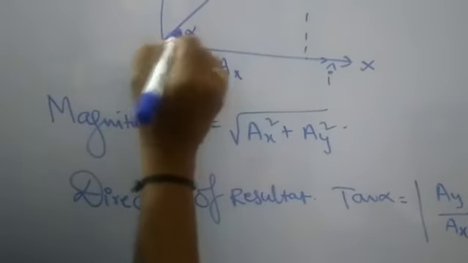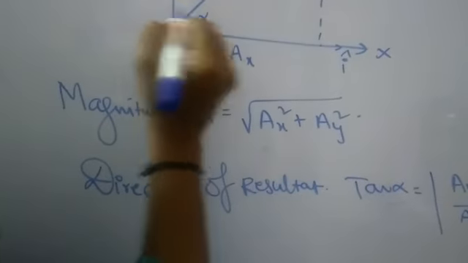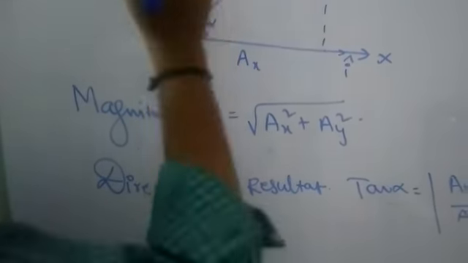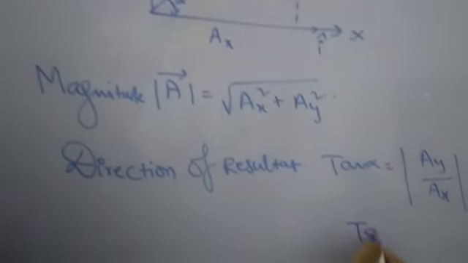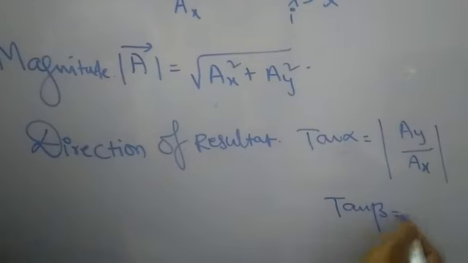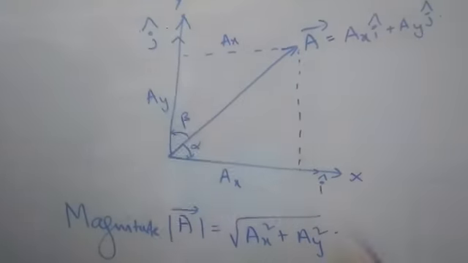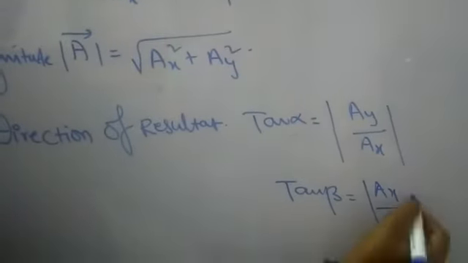For example, if the same vector makes an angle with the x axis, and the same vector makes an angle with the y axis, we can consider it as beta. Therefore, tan of beta is equal to opposite side by adjacent side, ax divided by ay.